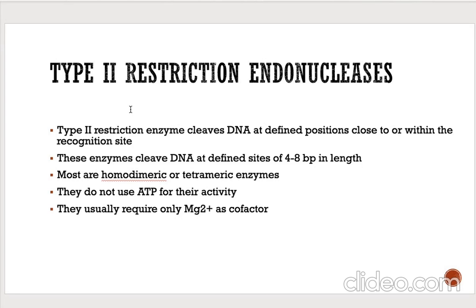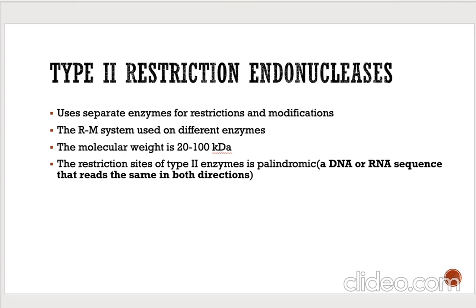They usually require only a Mg2+ cofactor. They use separate enzymes for restriction and modification, that is the RM system, and the molecular weight of these enzymes is 2200 kilodalton.